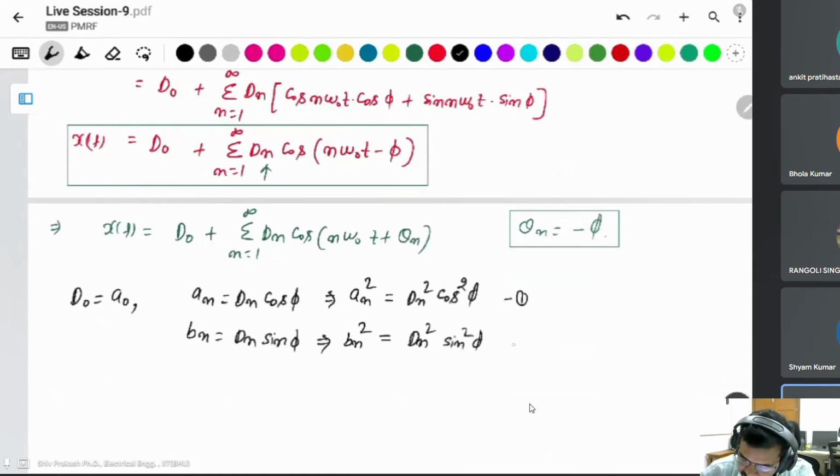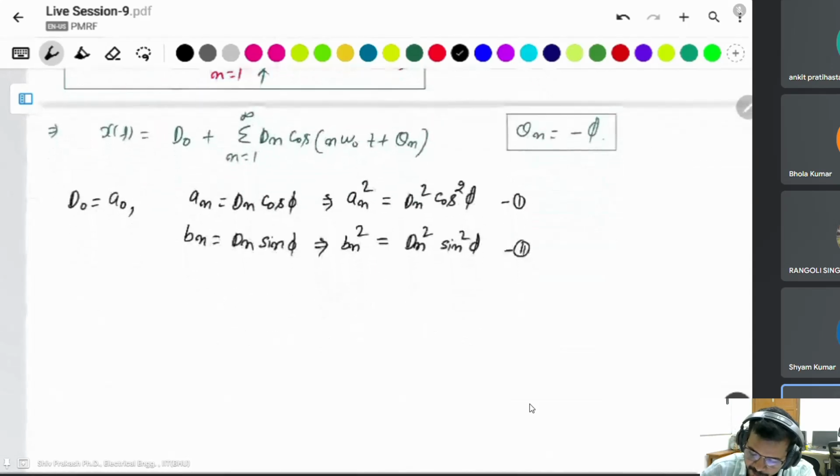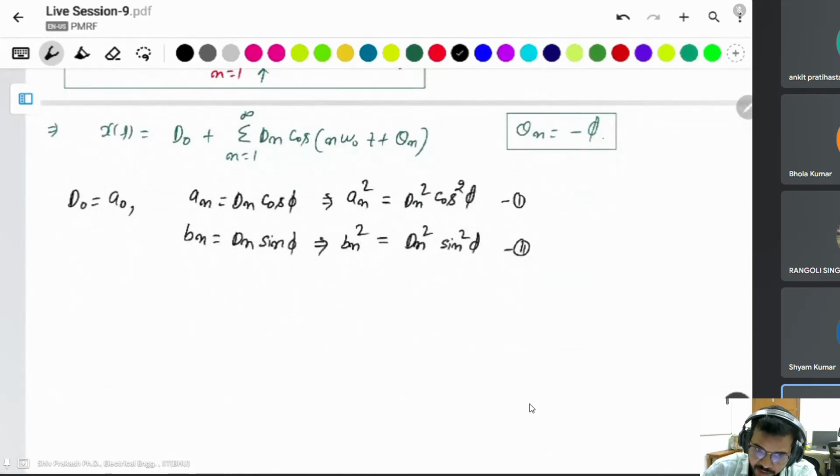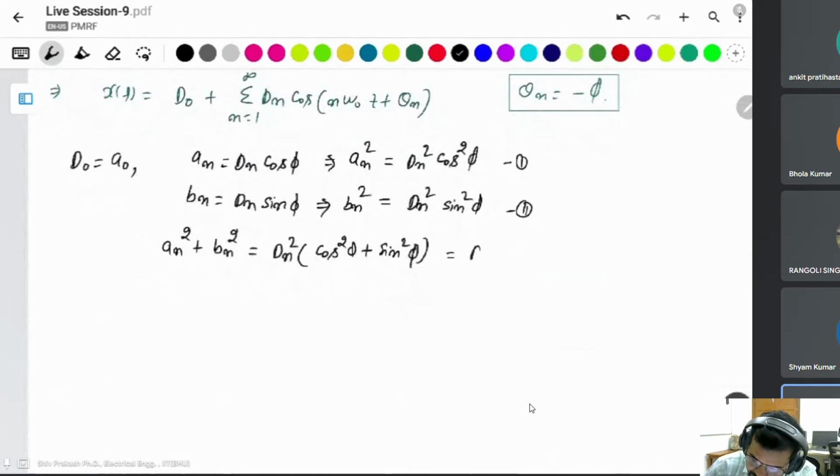If you add both, you get an square plus bn square equal to dn square. Taking the common factor, cos square phi plus sin square phi is 1, so this equals dn square. Then we can calculate dn as the root of an square plus bn square.